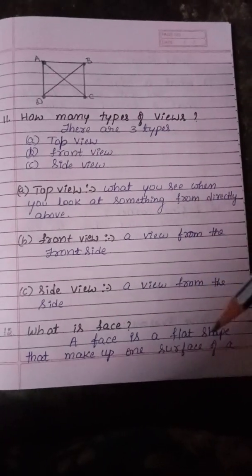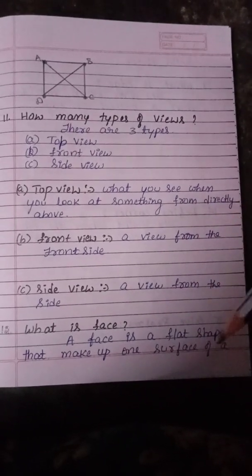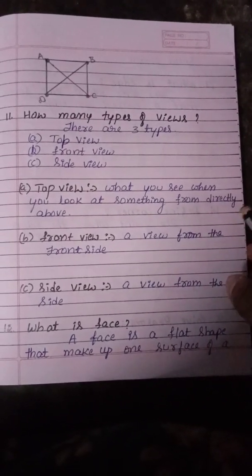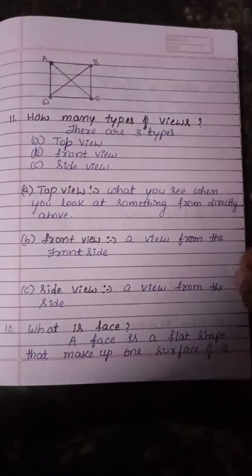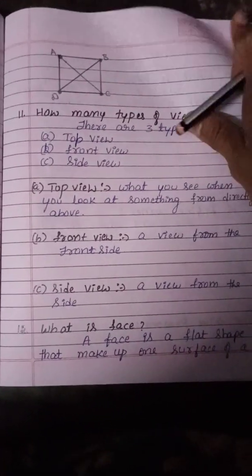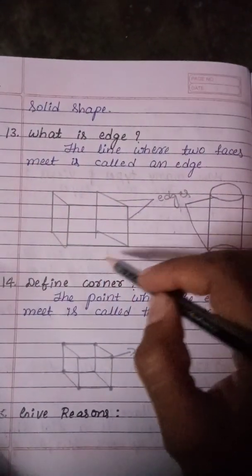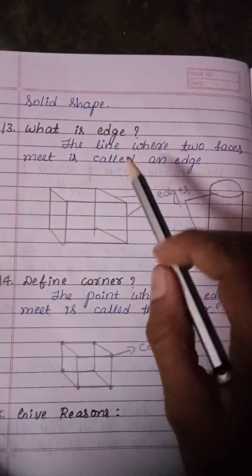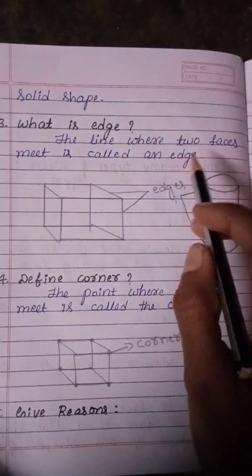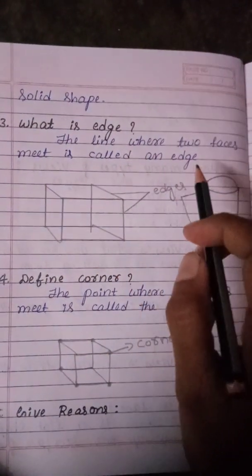What is a face? A face is a flat shape that makes up one surface of a solid shape. See here, a face. This is called a face. What is an edge? The line where 2 faces meet is called an edge.